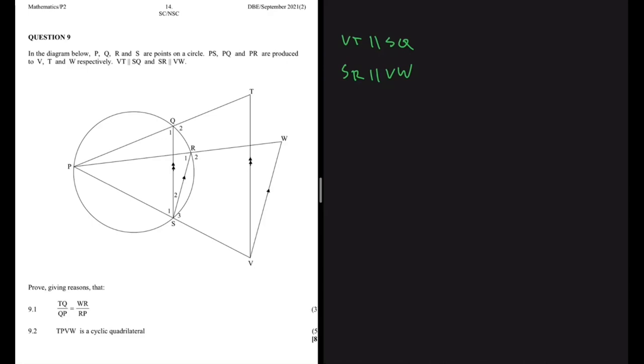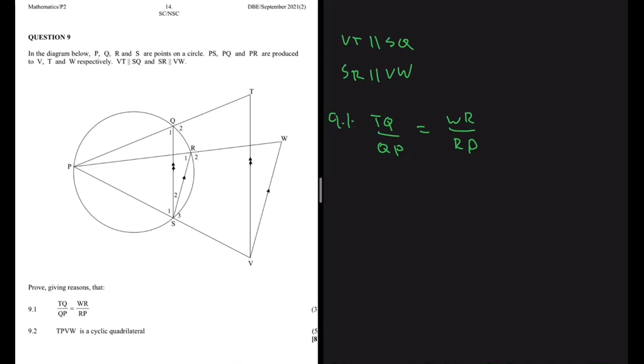Things like angles on a straight line, angles on a triangle adding to 180, angles subtended by the same chord. But these are only the keywords we're going to need to answer this question. So 9.1 says, prove, giving reasons, that TQ divided by QP is equal to WR divided by RP.